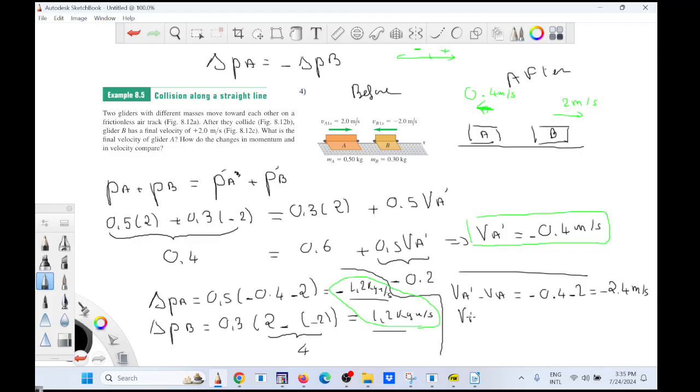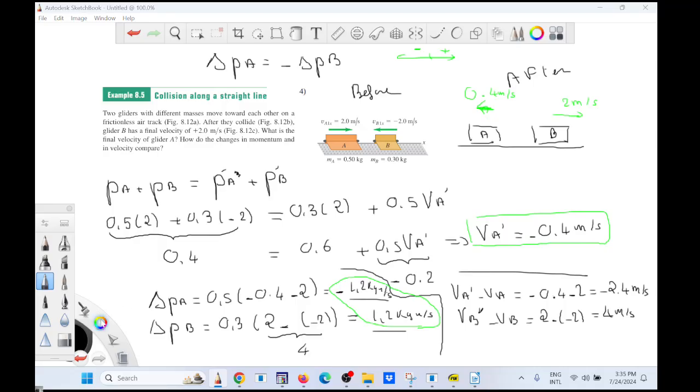And for B, the final is 2, initial is minus 2. So that's going to be 4.